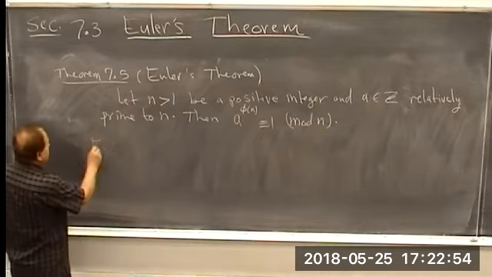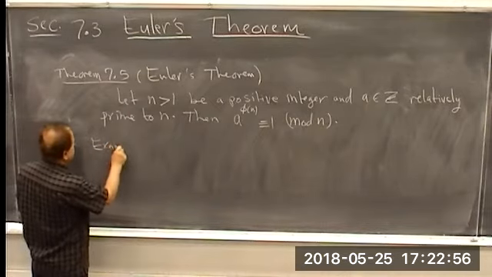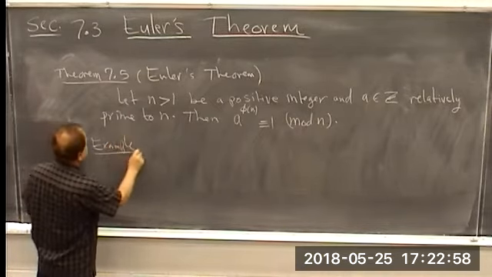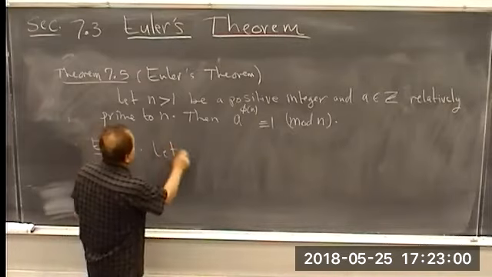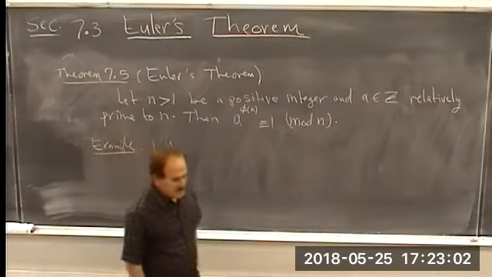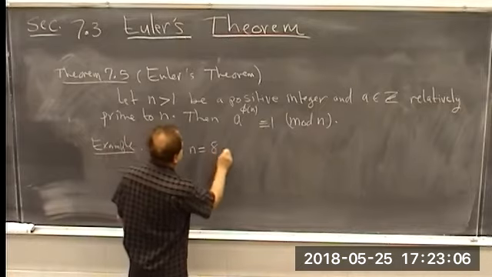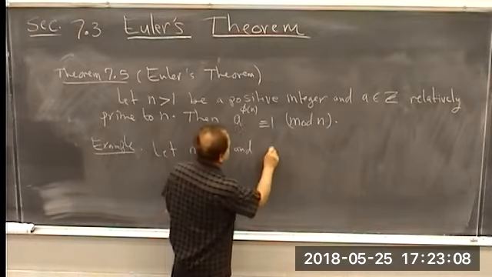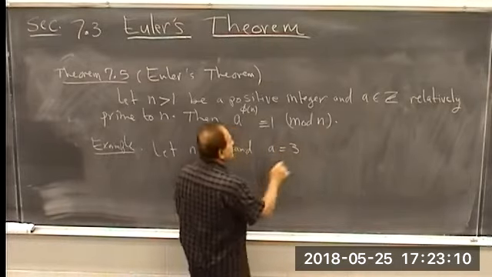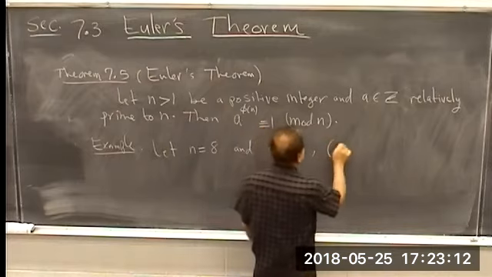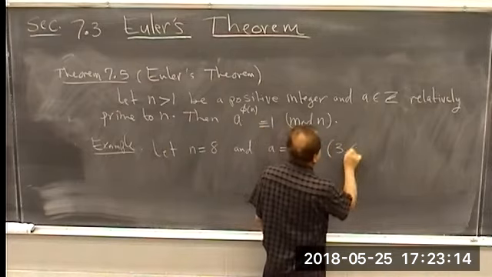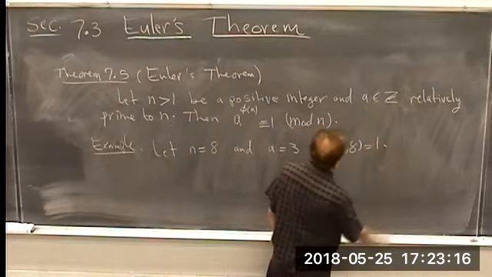So here's an example. Let's take n equal 8 and a equal to 3. Of course, in here we have 3 and 8 are relatively prime.